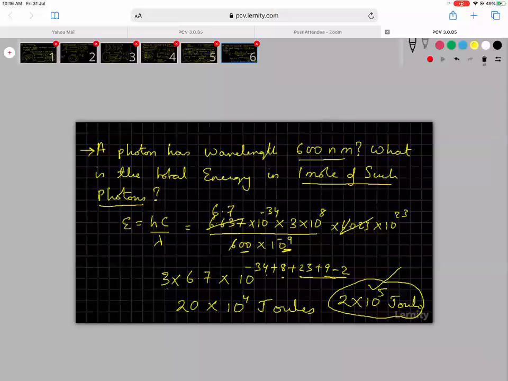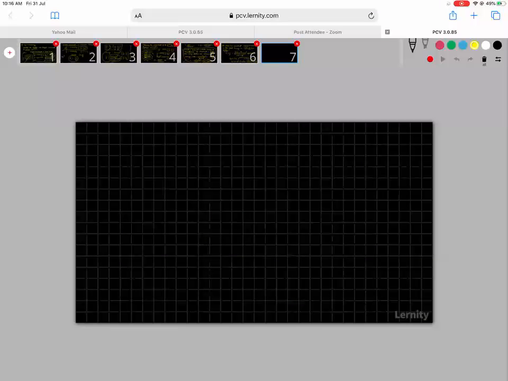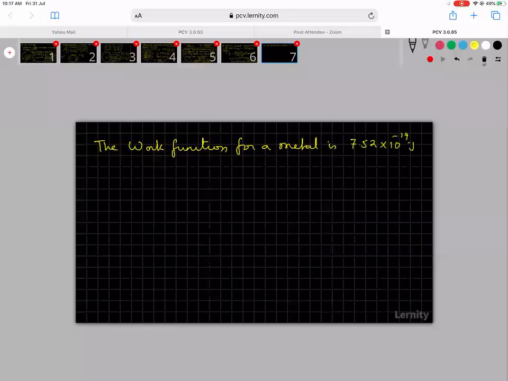Okay, here is the next question. The work function for a metal is 7.52 into 10 power minus 19 joules.